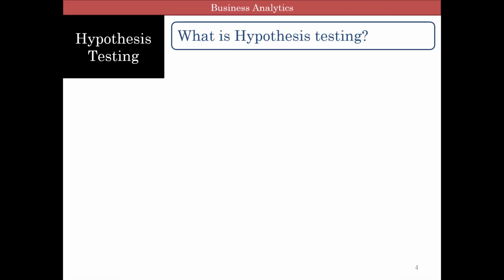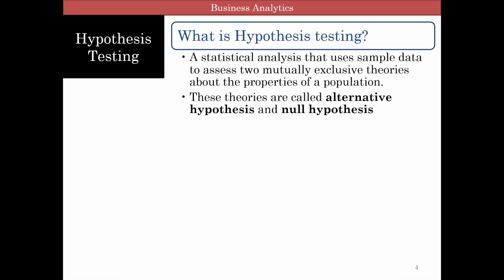So what is hypothesis testing? It's a statistical analysis that uses sample data to assess two mutually exclusive theories about the properties of a population. These theories are called the alternate hypothesis and the null hypothesis. And we'll talk more about what these mean in a couple of further slides.